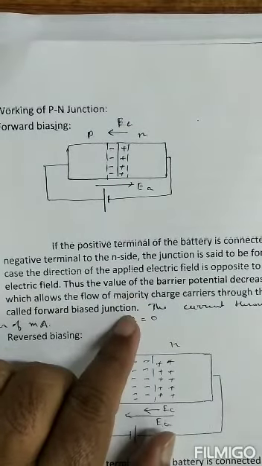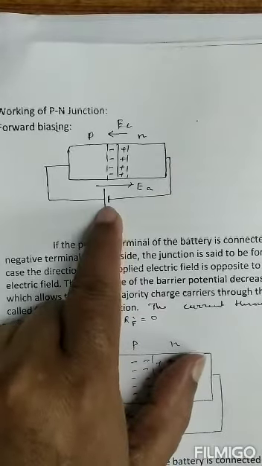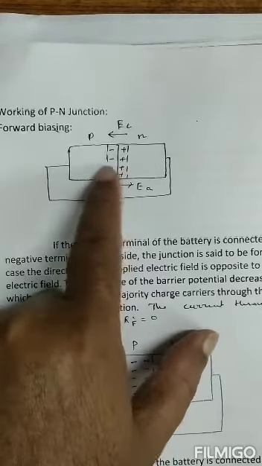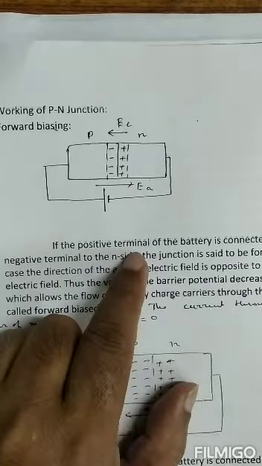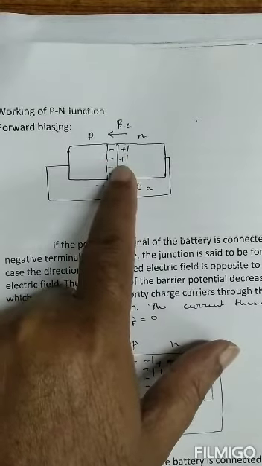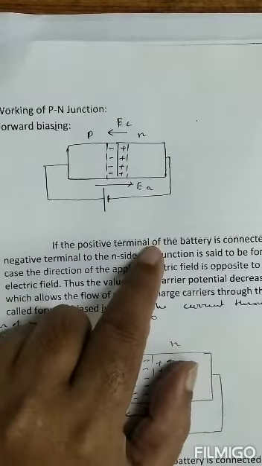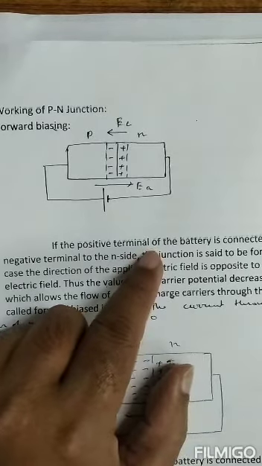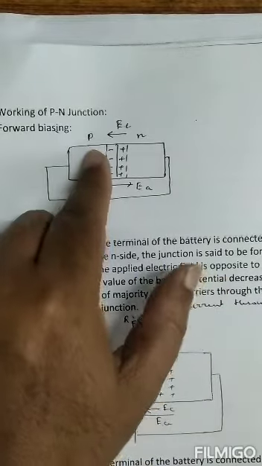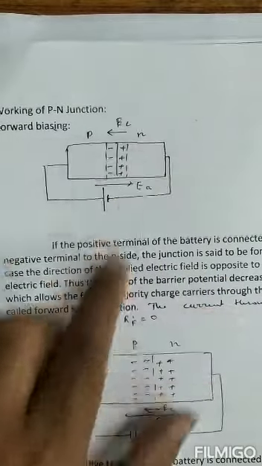As a result, if this potential difference is larger than that of the contact potential, this field is completely removed and hence majority charge carriers can cross the junction. That is, electrons from N side to P side and holes from P side to N side.